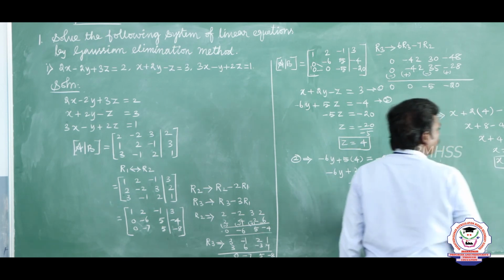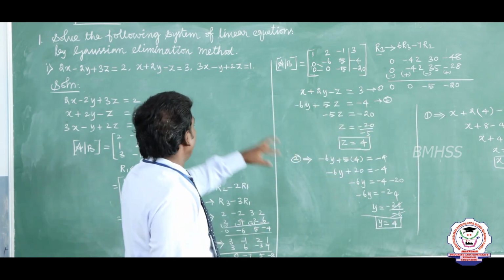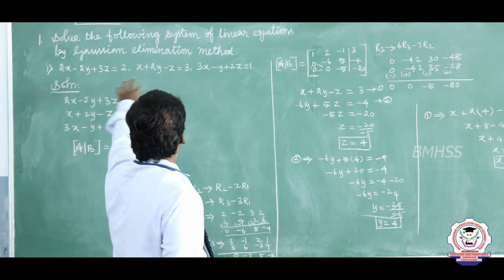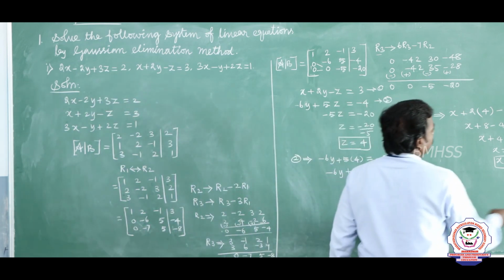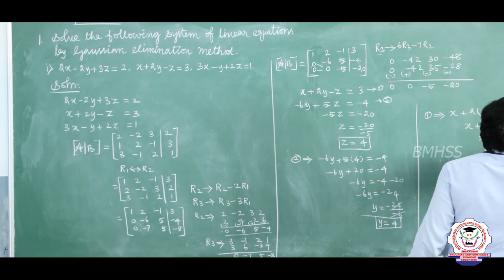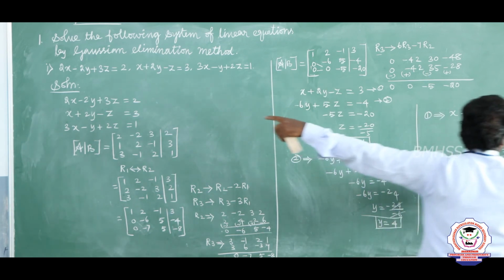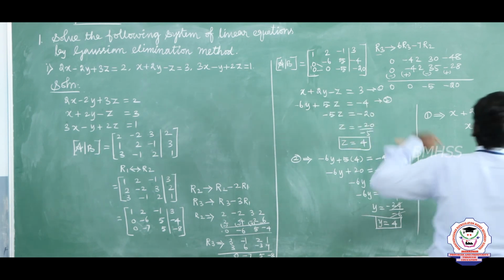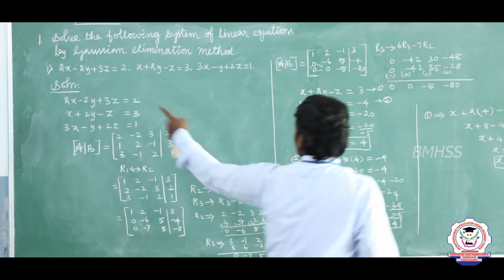For your verification, you have to apply these x, y, z values in any one of the given equations. I am going to apply them in the first equation. 2 into x, which is minus 1, gives minus 2.